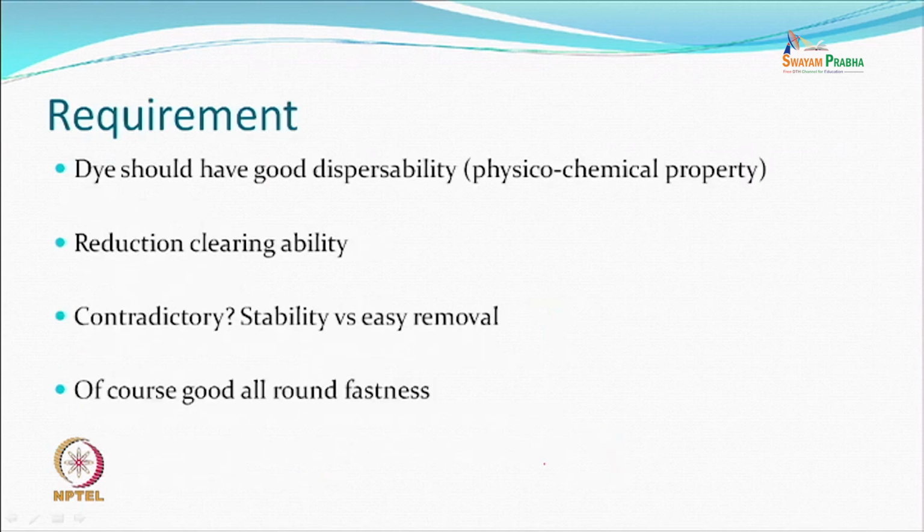So, from the ink point of view, in the disperse dye inks, you are looking at good dispersibility. Dispersibility means physico-chemical. The chemistry is responsible, which would mean the HLB value matching up with the surface active agent. Physical means how much you have reduced the size of the particles.